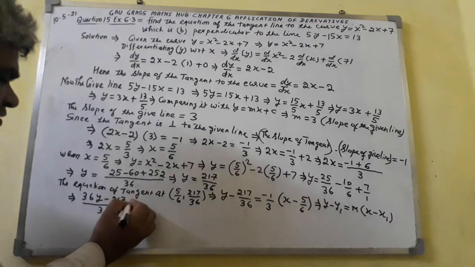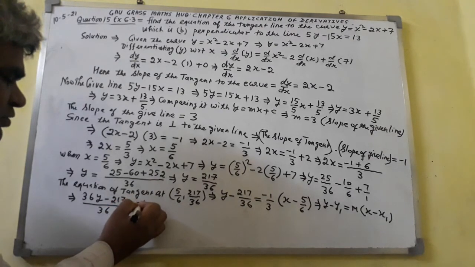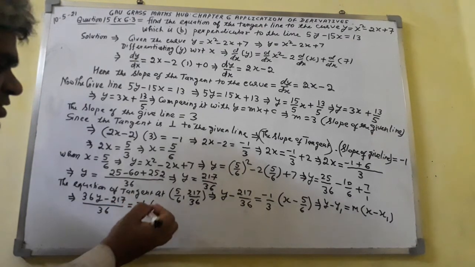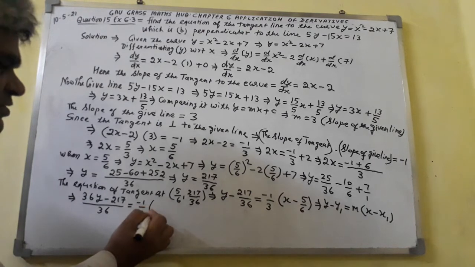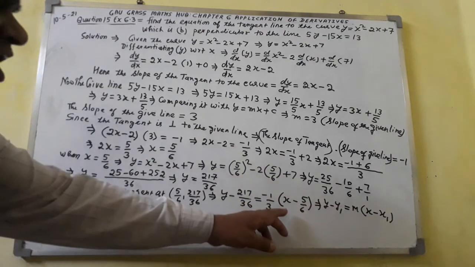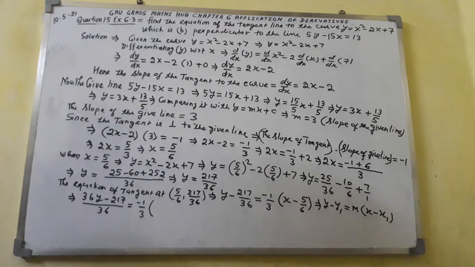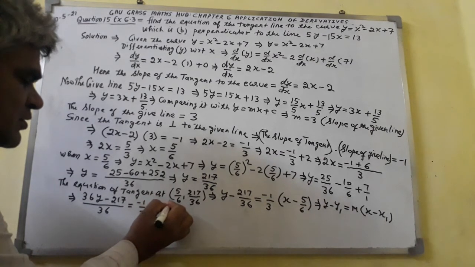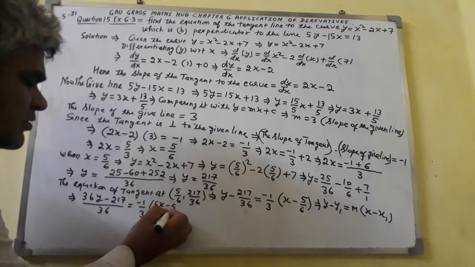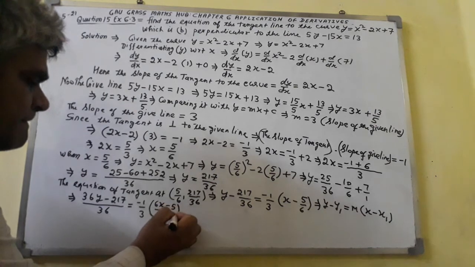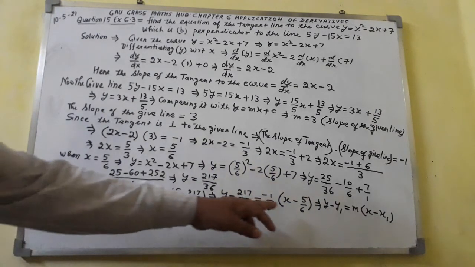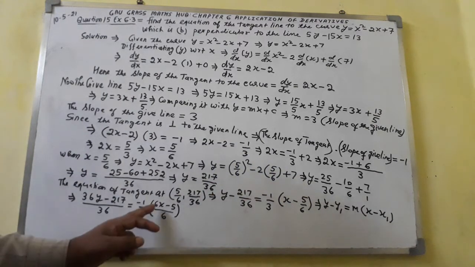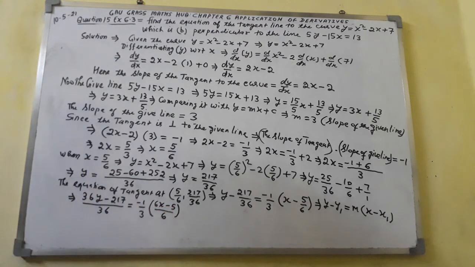And here I shall write minus 1 over 3. In bracket I shall write x over 1 minus 5 over 6. So here we will get 6x minus 5 over 6, 6x minus 5 over 6 we have got.